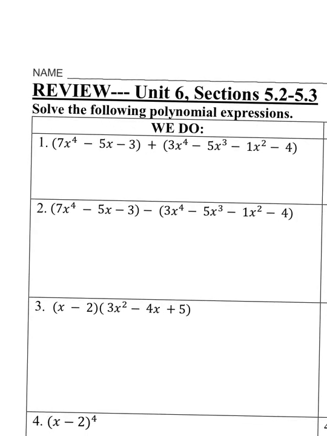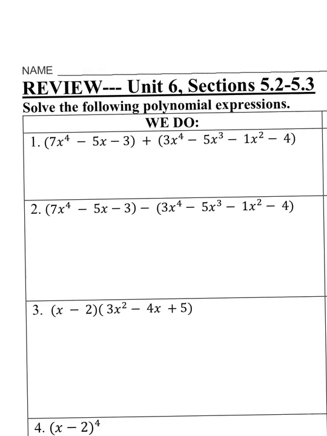The first one starts off just adding, and you just need to add like terms. So I'm going to have 10x to the fourth, and then let's see here, there's nothing for minus 5x to the third. So just write that.